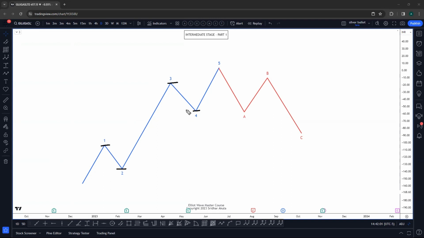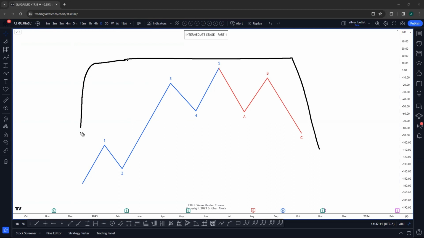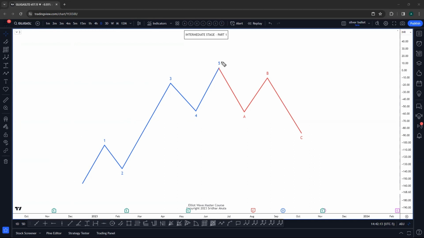Before we get into all that, what I want you to note is that when you see one full market cycle, this entire market cycle can be just wave 1 of a very large time frame and wave 2 of another large time frame.